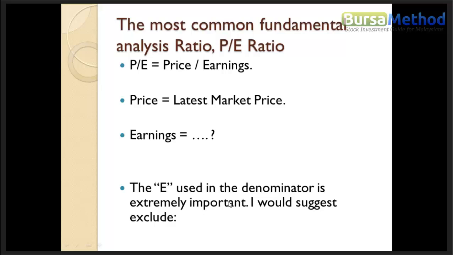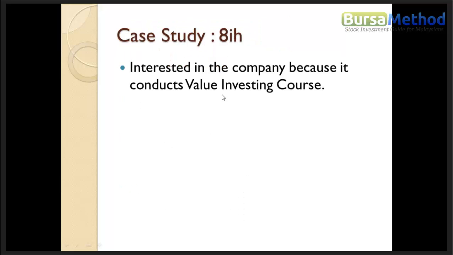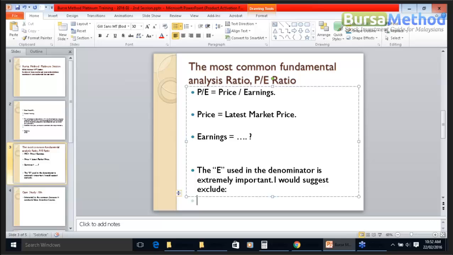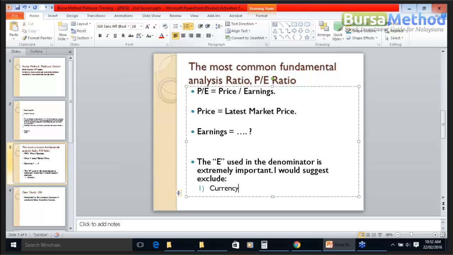So the key thing is our advice to you is to exclude a number of things. So what are the things that you exclude? The first thing I would advise to exclude is currency translation difference. Why? Because if our ringgit has weakened compared to, say, the US dollar, it doesn't mean our ringgit will continue to weaken every year.